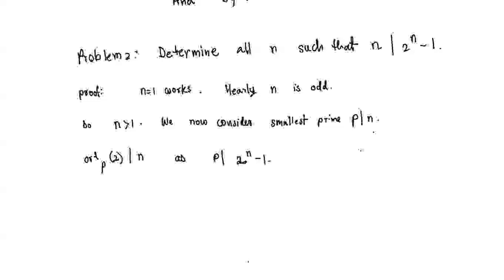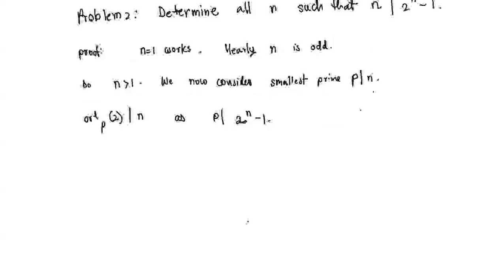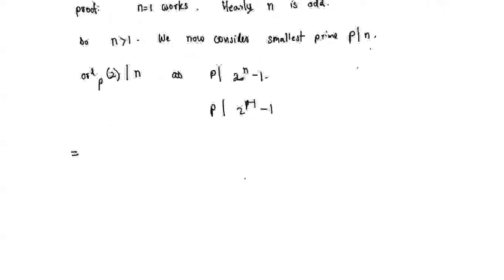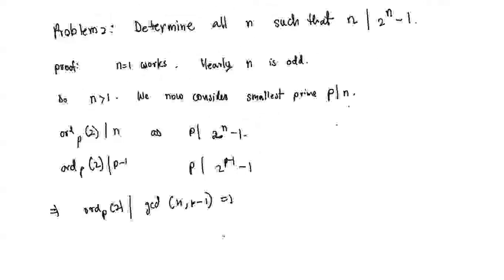But we also know that p divides 2 to the power p minus 1 minus 1, and this implies the order of 2 mod p divides p minus 1. So that implies the order of 2 modulo p divides the GCD of n and p minus 1, which is 1. It can be 2 also, but we had that n is odd.